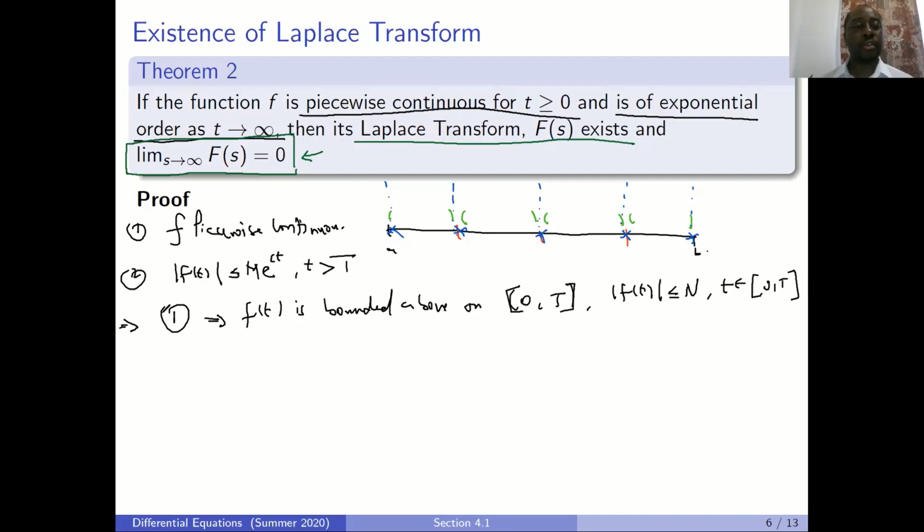Now of course, if it's of exponential order, then we know that beyond this point T here, the function is bounded above by this exponential function here.